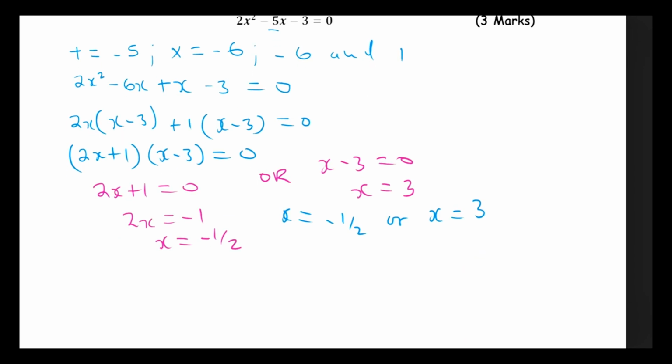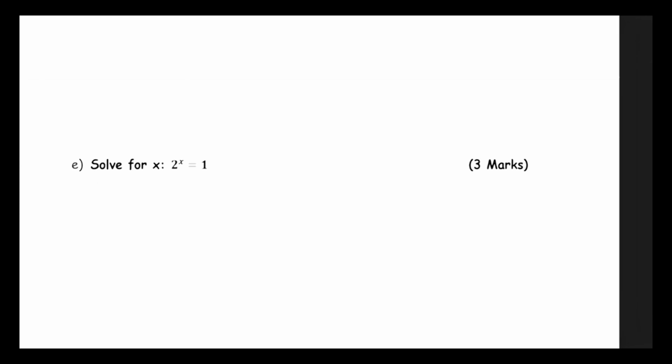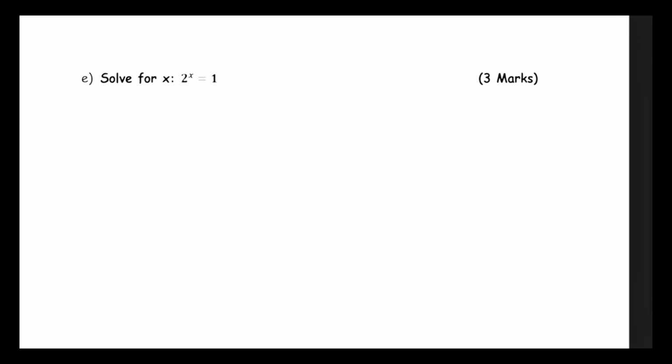Okay, so let us move on to the next question. The next question requires us to solve this equation, that is 2 power x is equal to 1. So let us write that. We have 2 power x is equal to 1. Here we're just going to apply the laws of indices.